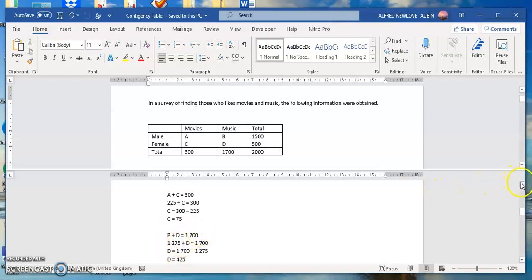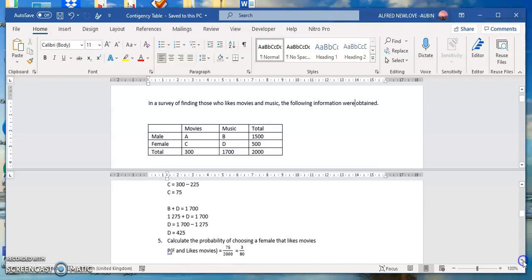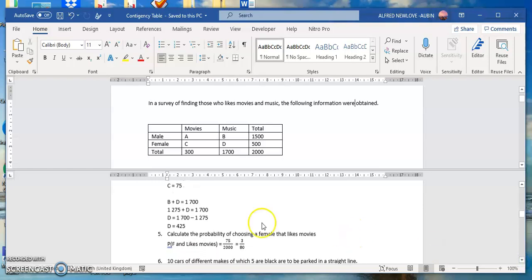Remember, we found B here. So if you substitute B and transpose B, you are going to get D to be 425. Okay, let's look at the next one.